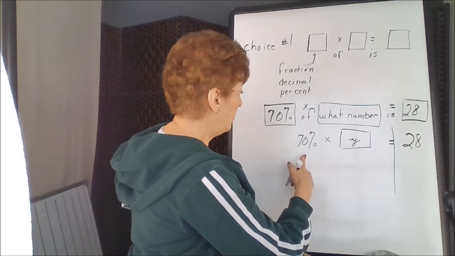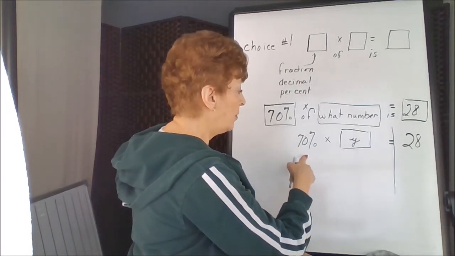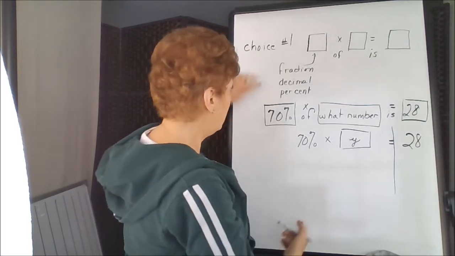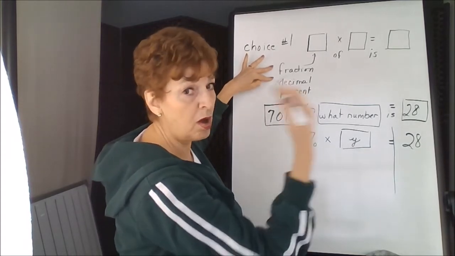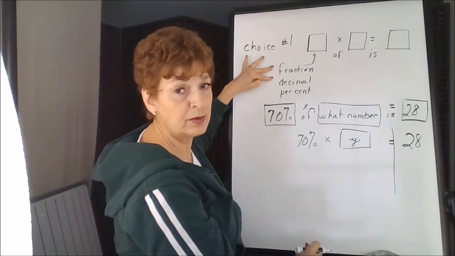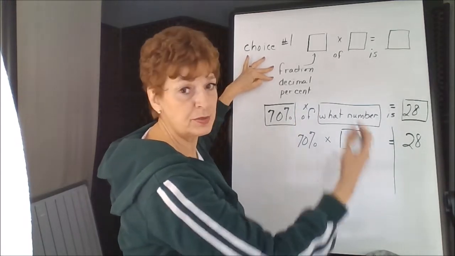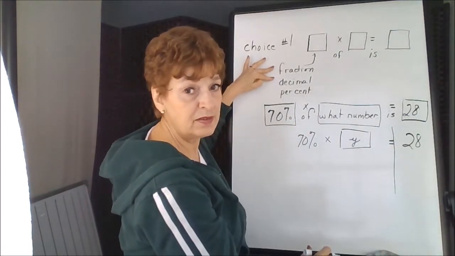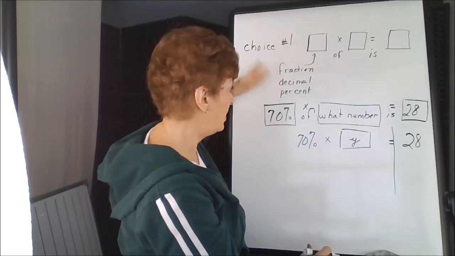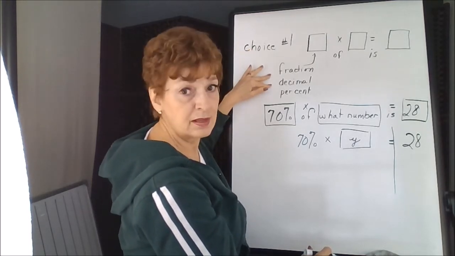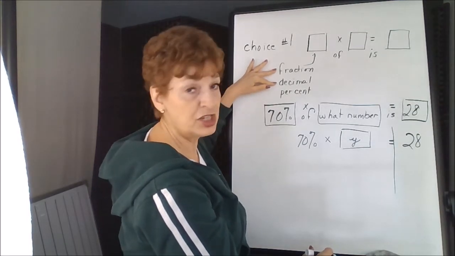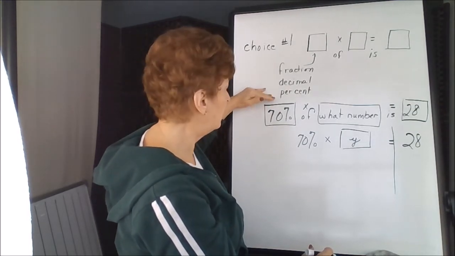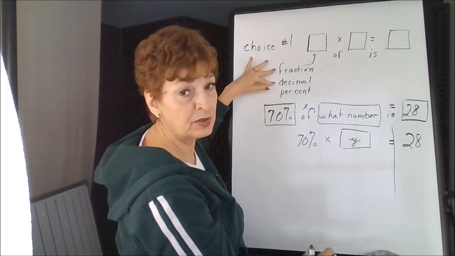70%, when we're working with the percent, we have to change that to either the decimal or the fraction. We're renaming those. That's why we went through all that trouble to rename from a fraction to a decimal to a percent, because eventually when we started to work with these in actual calculations, we were going to have to be able to rename our percent into either a fraction or a decimal so we could work it.